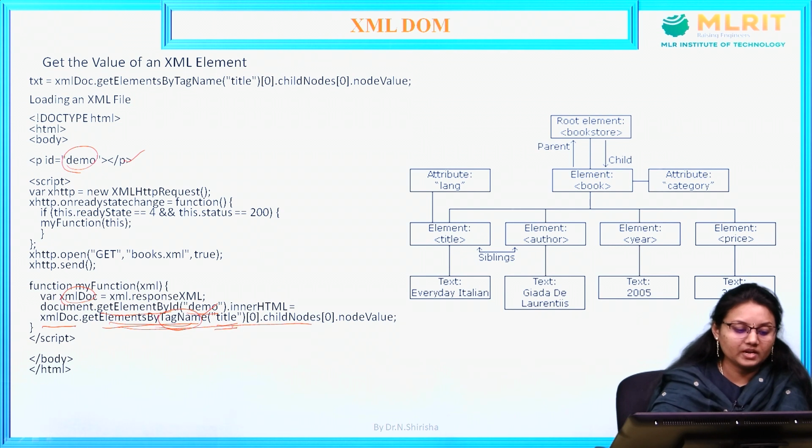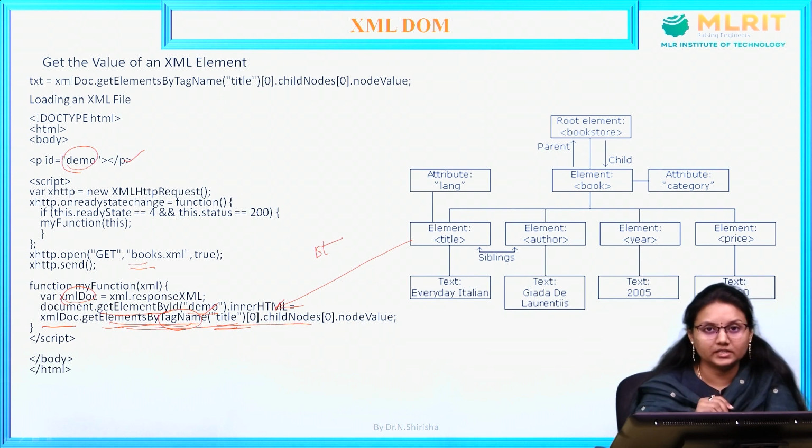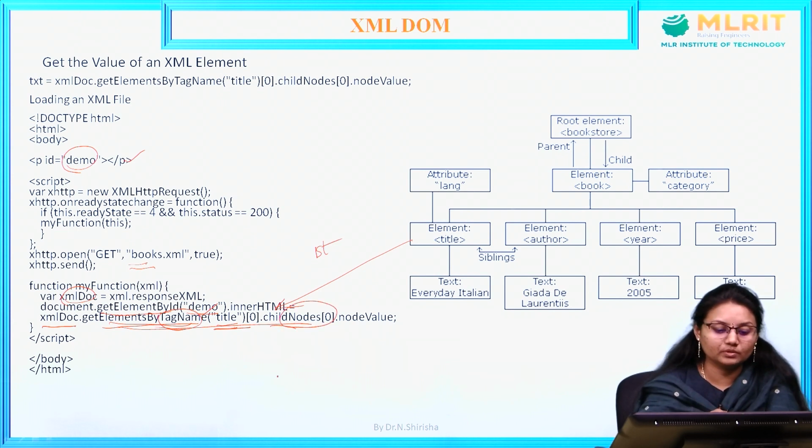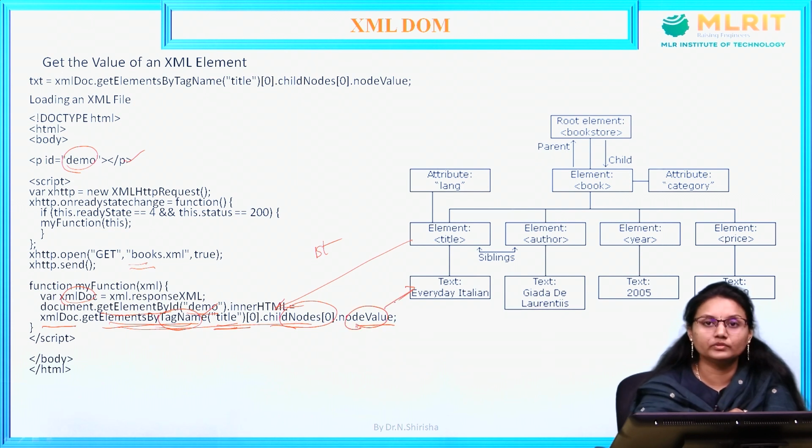Already we have opened books.xml. From this books.xml, you are taking title 0, that means the first title of the first book. That you are taking, which is the child node of 0, node value. This node value will take the value of the book. What is the value? Everyday Italian. So that will be printed here.